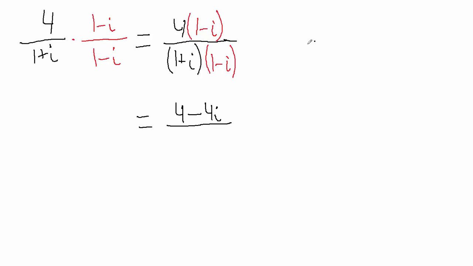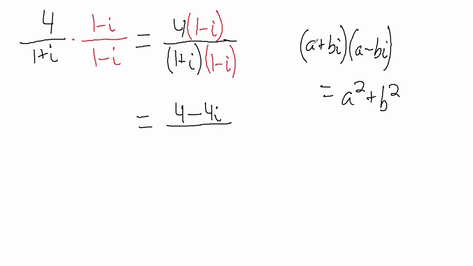We have something in the form a plus bi times a minus bi, where in this case a and b are both 1. This is 1 plus 1i times 1 minus 1i. Remember we talked about this in an earlier video. If we have something in this form, then the result is just a squared plus b squared. If you multiply a complex number by its conjugate, you just end up with the real part squared plus the imaginary part squared.